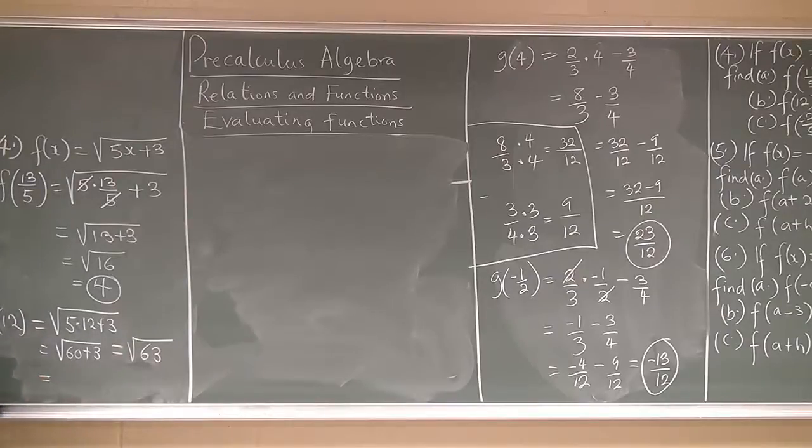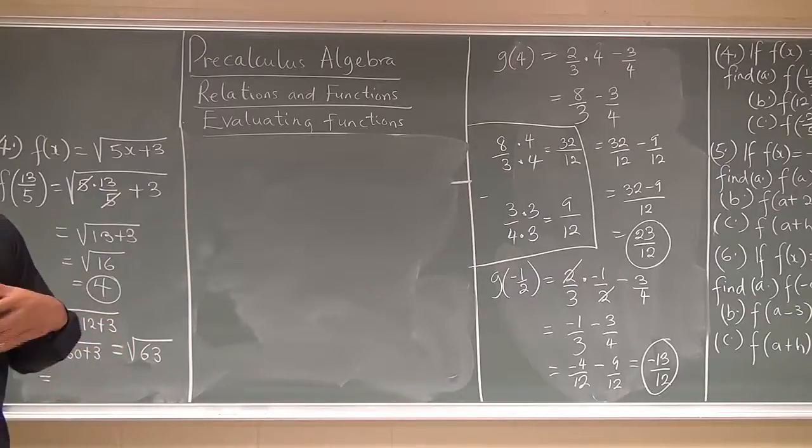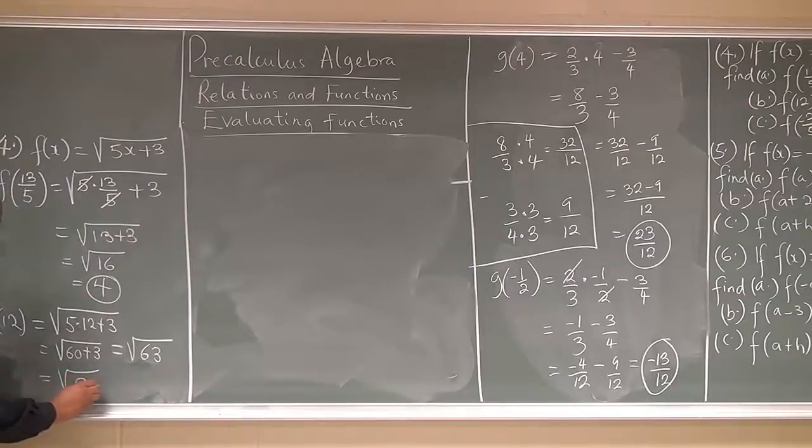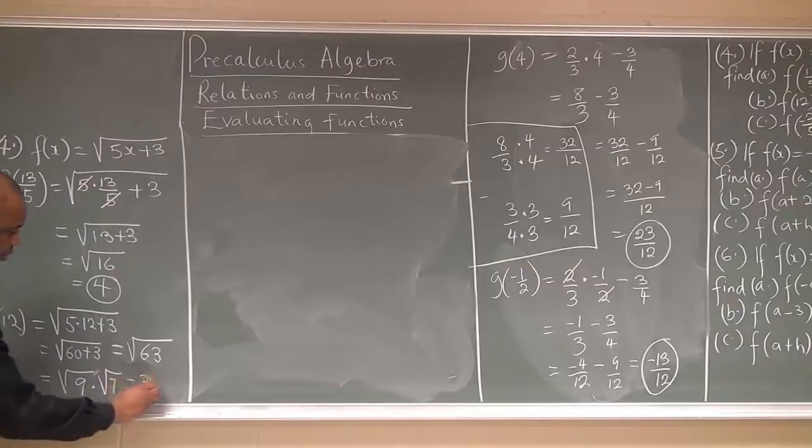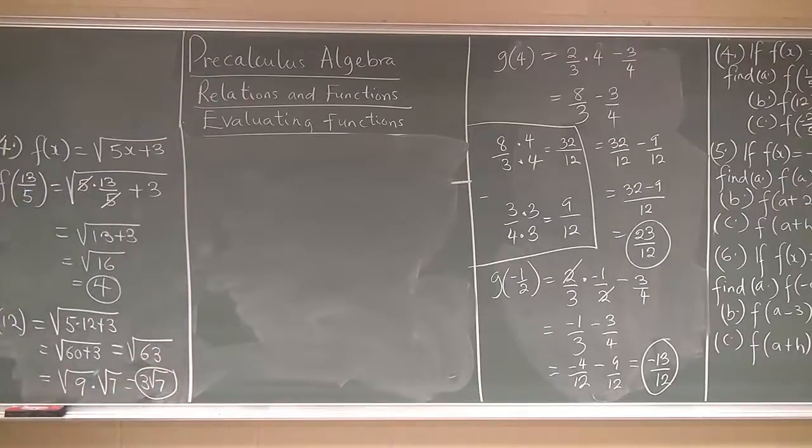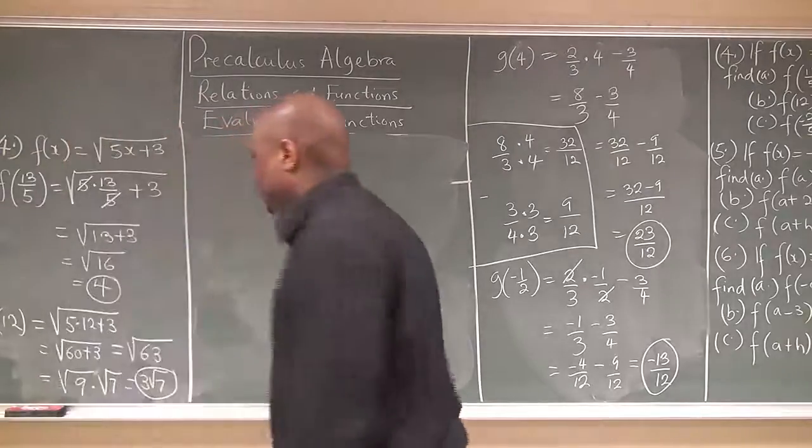You can simplify this radical. I did a video on simplifying radicals. 63 is 9 times 7. So this is square root of 9 times square root of 7. And that will give you 3 square root of 7. Okay? 3 root 7.